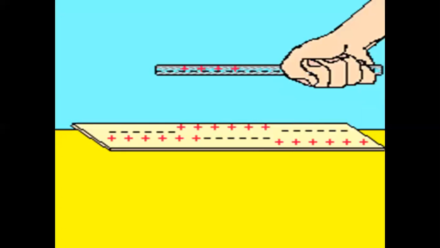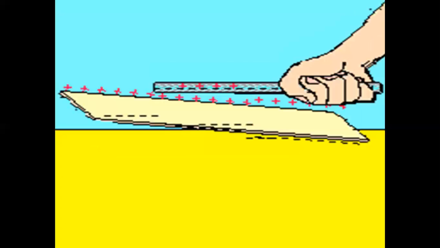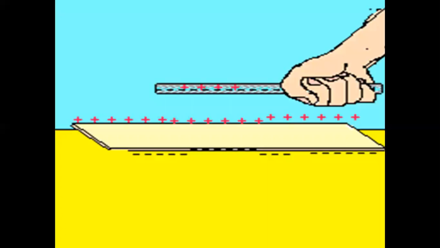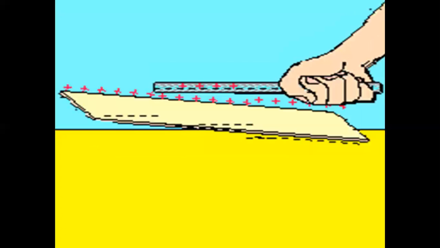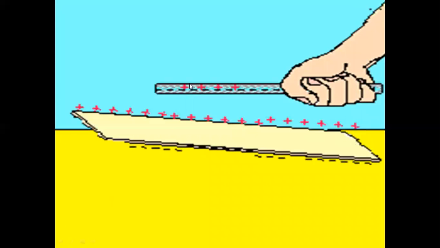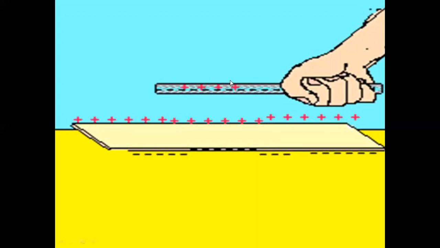This is one kind of experiment where we produce charges and see attraction between the charges, because you see the charge distribution of the rod that is rubbed in the hands of the man.